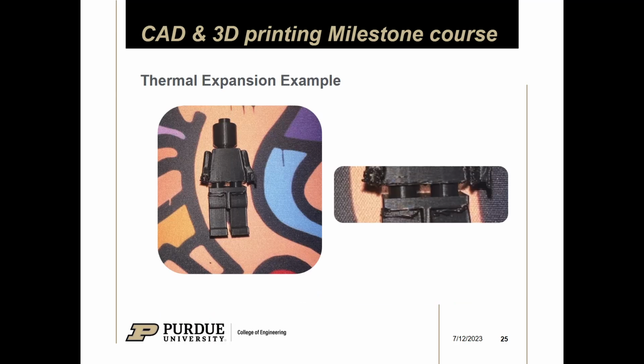All right, cool. Oh yeah, this is a really good example. So this is a past final from someone who took this class, and they maybe did not pay attention to this tolerancing and thermal expansion part. They made this model of a Lego person, but you can see in the CAD, I don't think they added any tolerance at all.